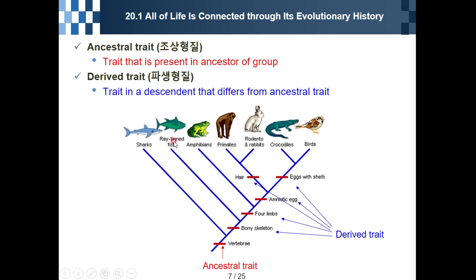The difference between the ray-finned fish and the ancestor is the bony skeleton. How about the difference between the amphibian and the ancestor? It is limbs. How about the difference between primates and the ancestor? It is amniotic eggs, like this. So derived trait means a trait in a descendant that differs from the ancestral trait. We call it a derived trait, like this.